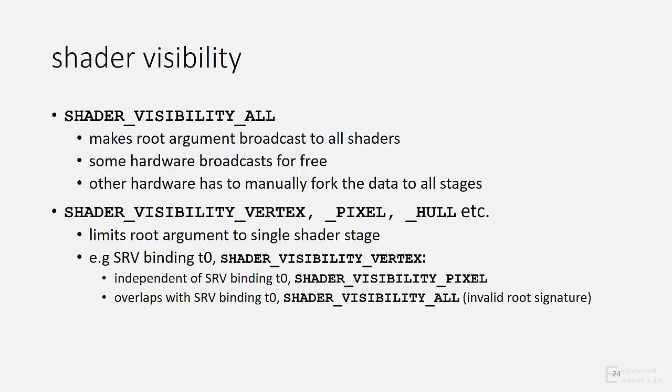Using this per stage visibility allows distinguishing different bindings to the same bind name at different shader stages. Now, shader visibility all with T0 in this case would conflict with per stage visibility for T0, so combining all with a per stage visibility at the same bind name would be an invalid root signature.